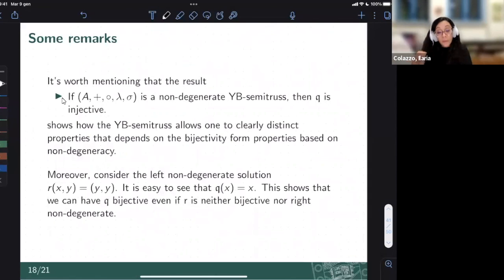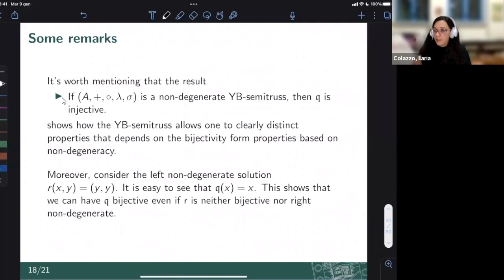Moreover, we can also underline that the assumption that the solution is bijective or non-degenerate is really important here, because we can construct a really easy solution that has the Q map bijective, but that is neither bijective nor right non-degenerate.